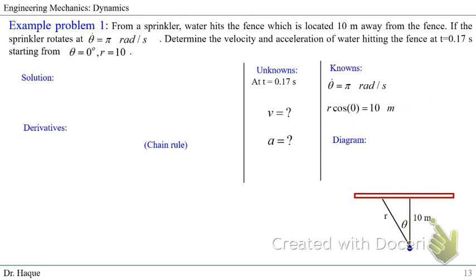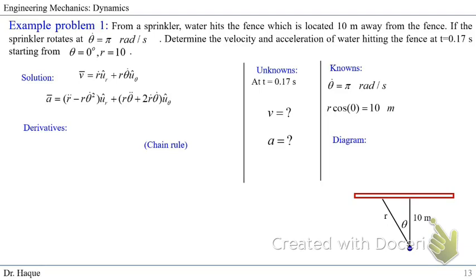Now let's start our solution. The first step is to connect the given with the unknowns. We know the vector form of velocity and acceleration. This is our equation. If we can find these components, then we can find the magnitude of velocity and acceleration.